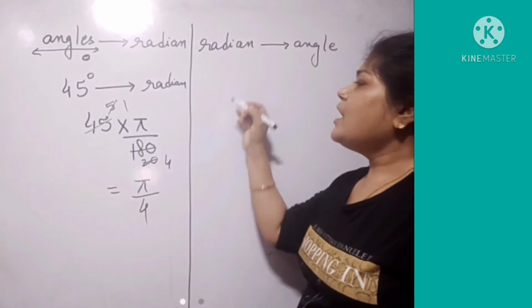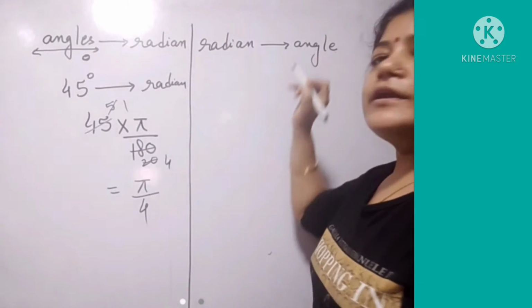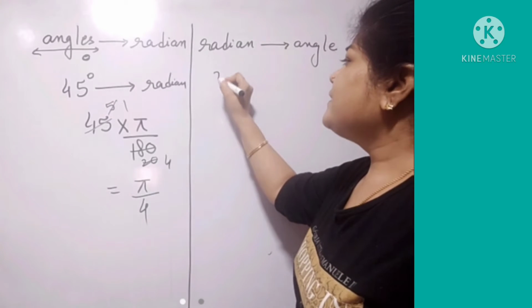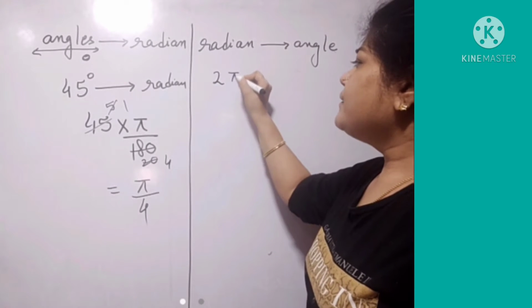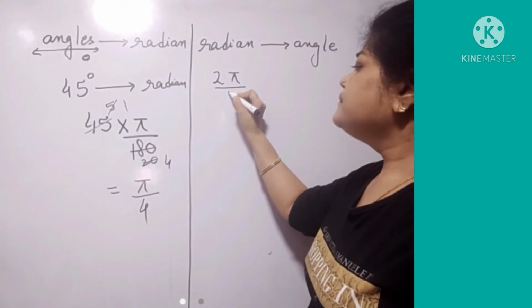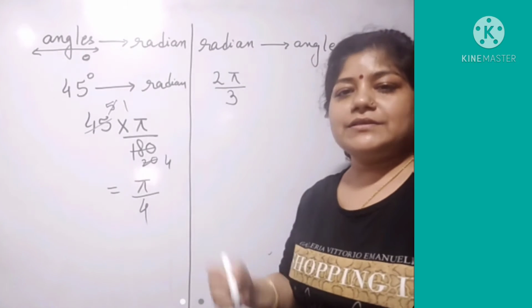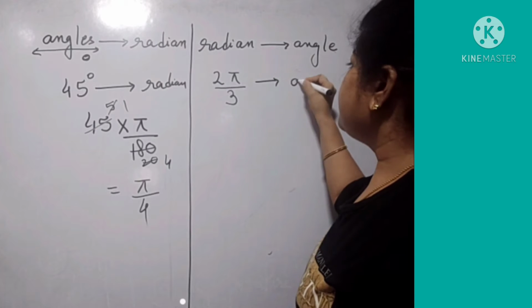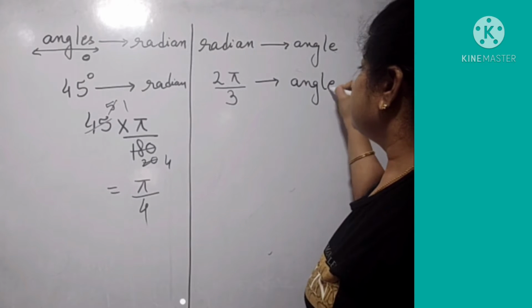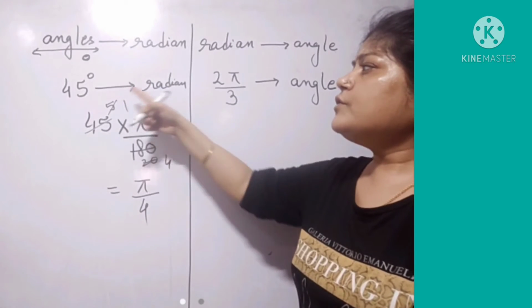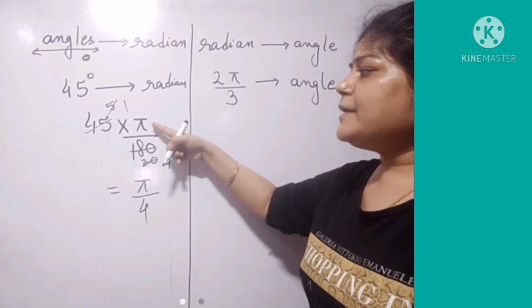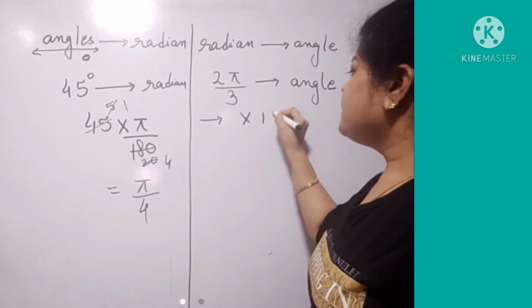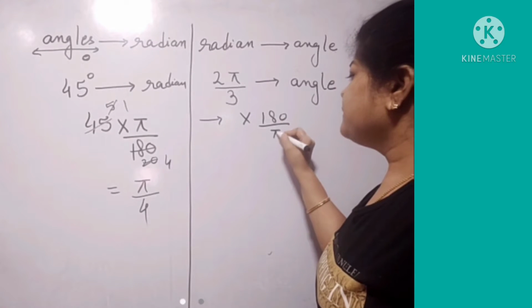Now the next thing, how will you convert radian into angles? For example, it is given 2 pi by 3. Then how will we convert it into angle? In order to convert into degree, we multiply with 180 by pi.